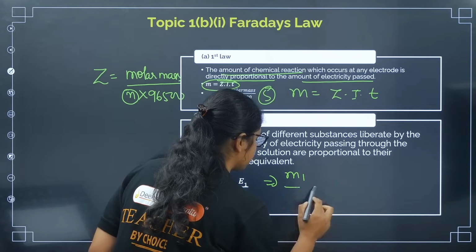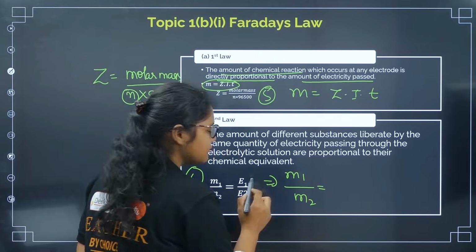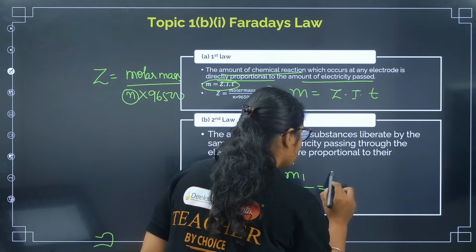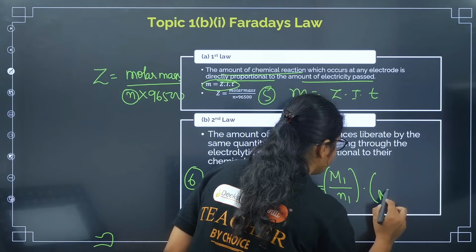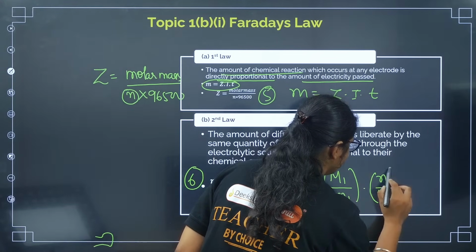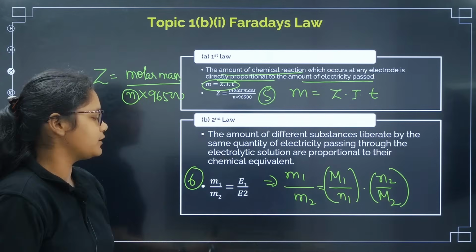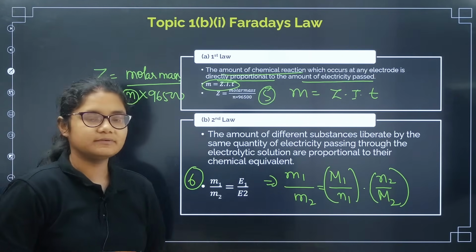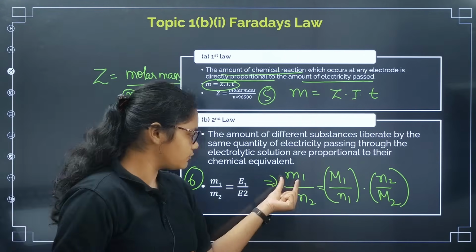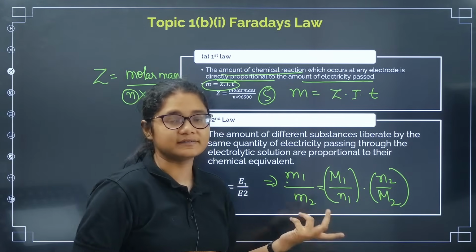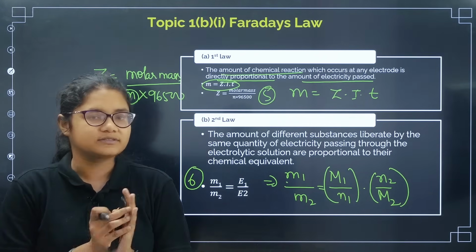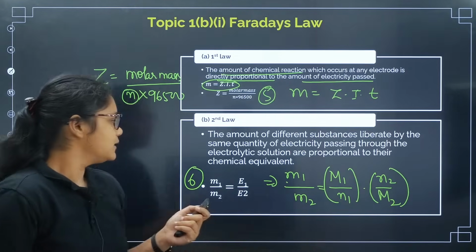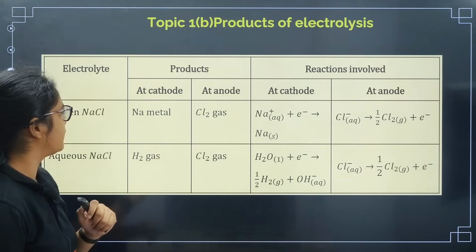E1 is nothing but molar mass of 1 by n1, and E2 is molar mass of 2 by n2. So you have to calculate using this formula, and the question will generally be in this form: they will give you one mass deposited and you have to calculate the other mass. n1 and n2 are again the number of electrons lost or gained in the reaction. So that is done, we are gone with the sixth formula.